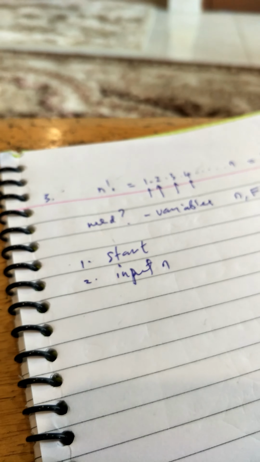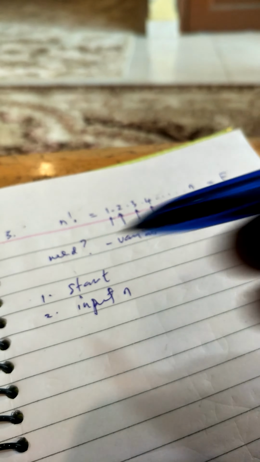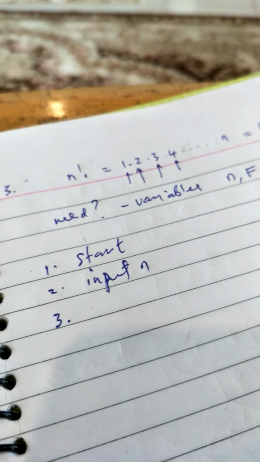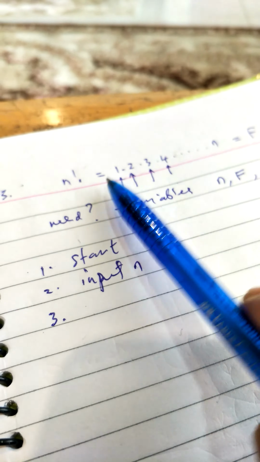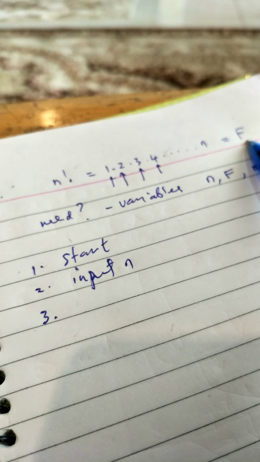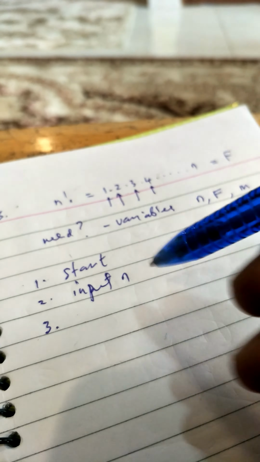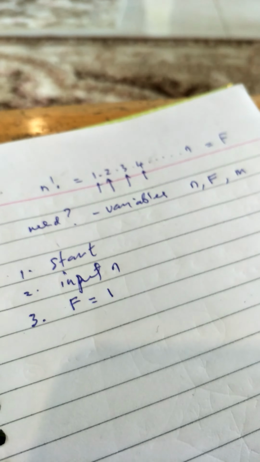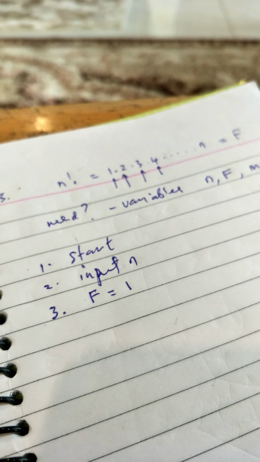Next, we need to give an initial value. What is the initial value? Here, this is the multiplication. For the multiplication, the initial value for f, we give 1. Why 1?